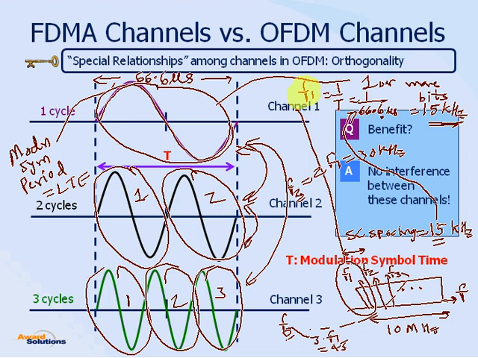Now we know how to construct orthogonal subcarriers. Basically, within the modulation symbol, we should have integer multiples of cycles. Oh, why did we choose 66 microseconds? Very good question. Actually, that is a balance. It's sort of a trade-off.